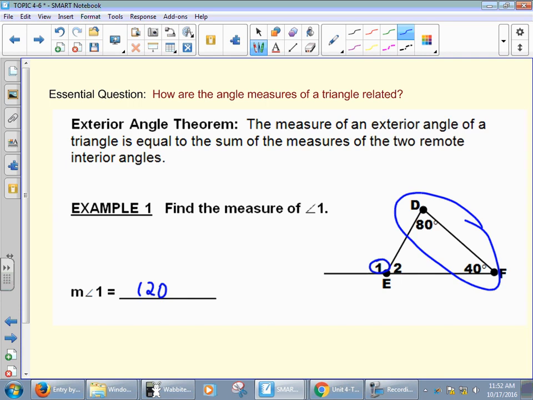But the reason why I wanted to show you where it came from is maybe a month from now, if I throw a question on something, you may not remember that that's the case, okay? Angle 2 is just this angle if you wanted to. If you didn't know, you could tell me that that was 60. I could also ask what angle 2 is, okay? So some of you, I think, Anna, you even said 60. That's great if that's how you want to figure it out. But by rule, you just have to add those two together.